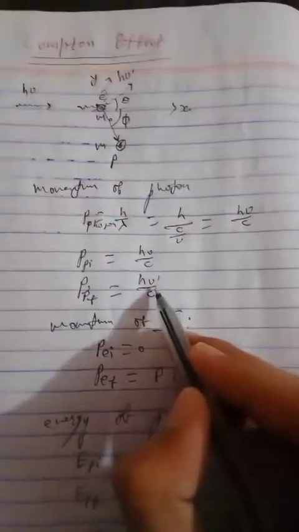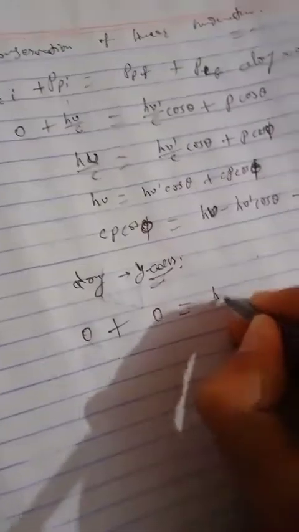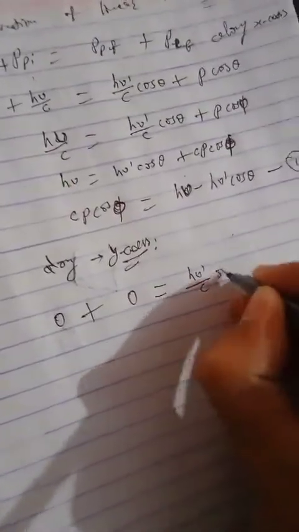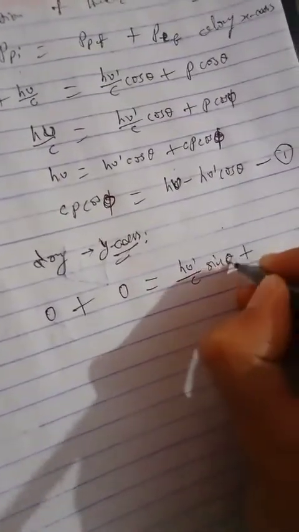The final momentum of photon is h nu prime by c, so its y component is h nu prime by c times sin theta. For the electron, the y component of p is minus p sin phi, because it is in the negative y direction.